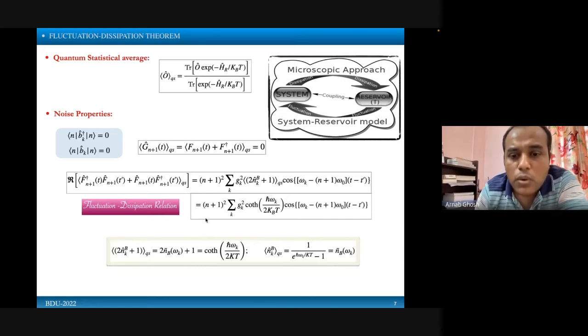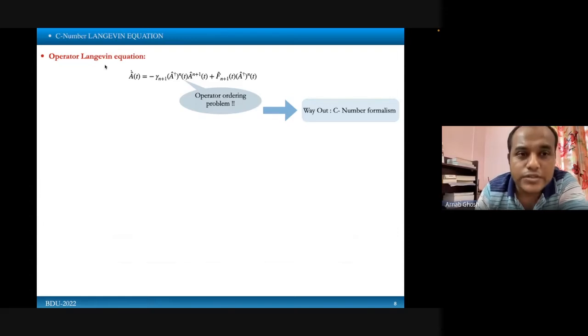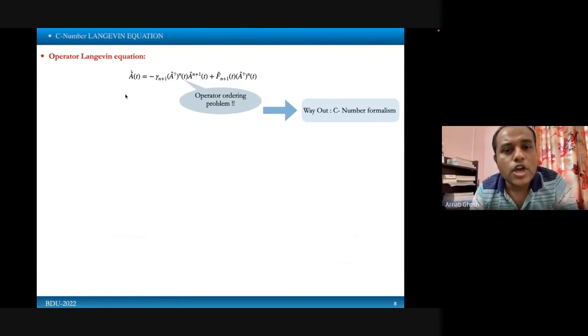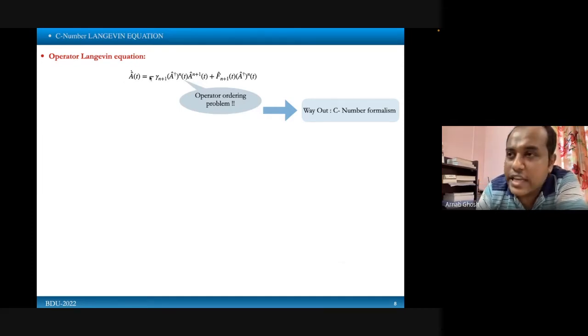Now, it is clear that there is this fluctuation-dissipation theorem, as required for the consistency of the theory. On the other hand, the Langevin equation that I derived for the system variables is fairly complicated, as you can understand, because of its nonlinear nature, because it involves the system operators, both A and A dagger.